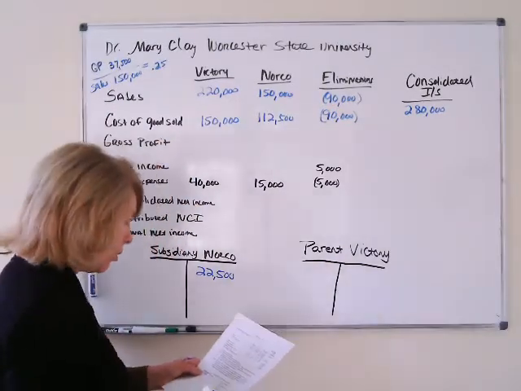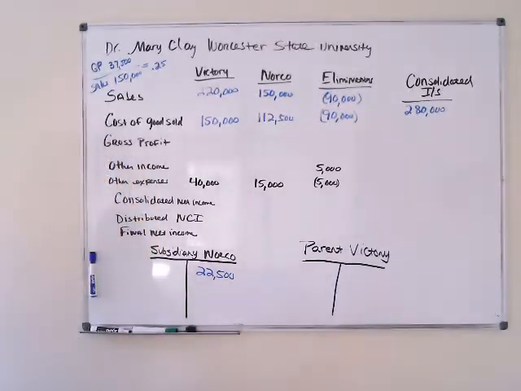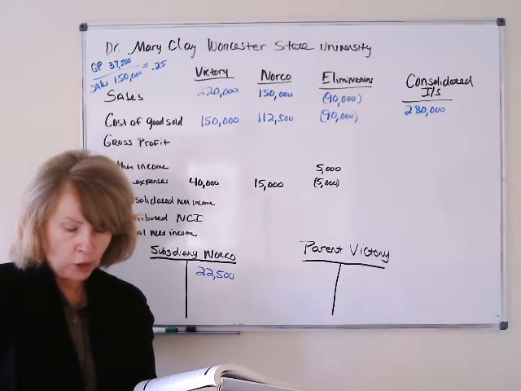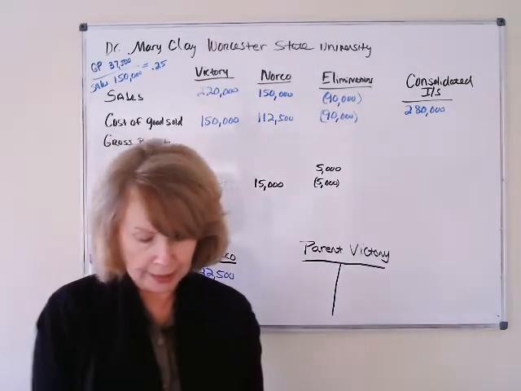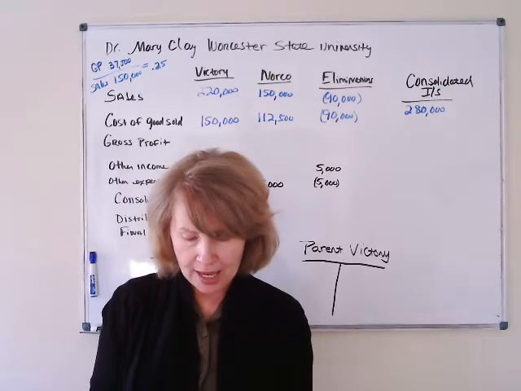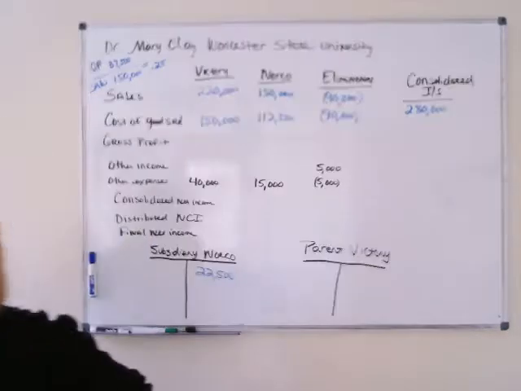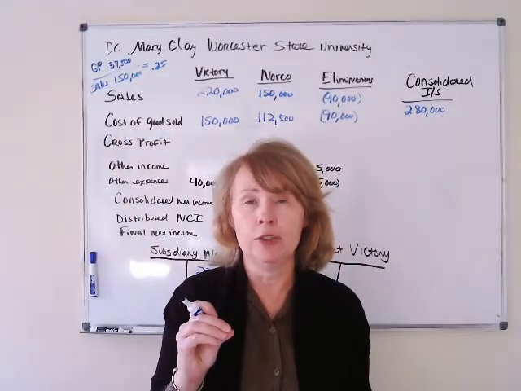Now, I look in the problem, and here's what it says. Victor Corporation held 20,000 of the goods purchased from Norge Company in its beginning inventory, and 30,000 of these goods in ending inventory. So this particular problem had beginning inventory and ending inventory.